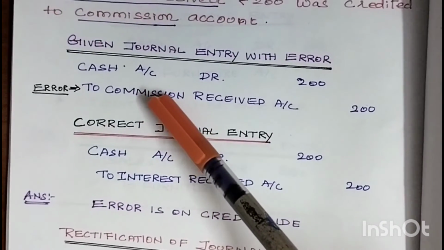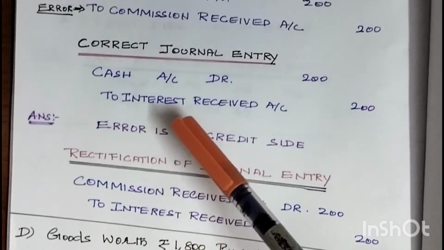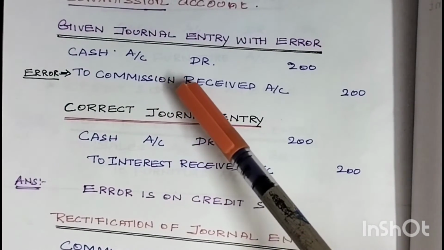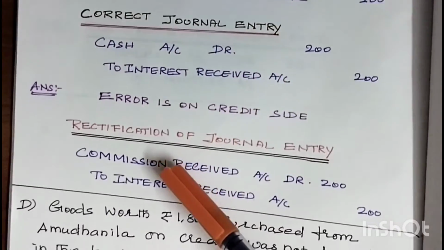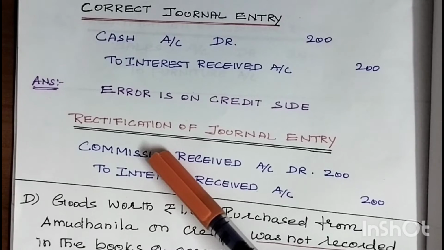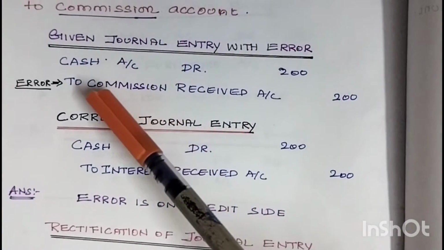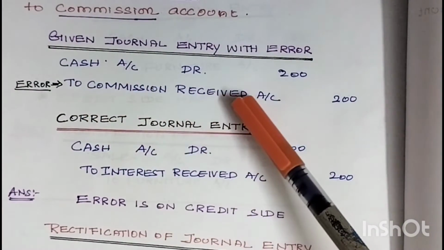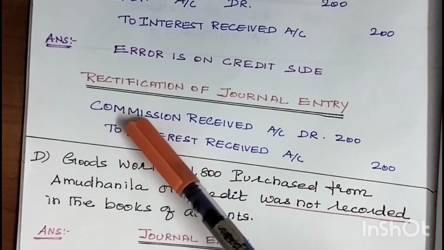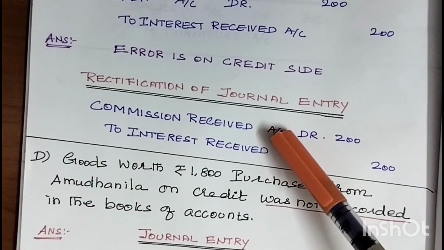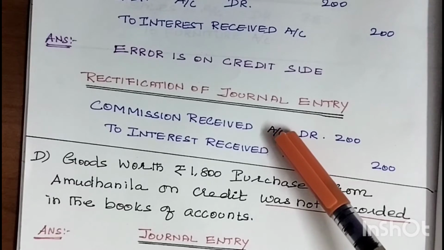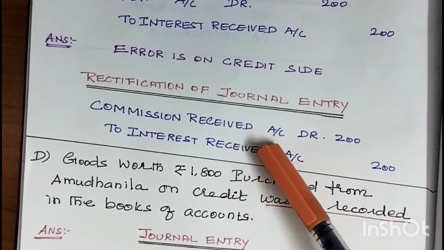If the error account is on the credit side, you debit it. If the error account is on the debit side, you credit it. Here we have the error account on the credit side, so we debit it. Then only the error is rectified. Now the error is rectified.